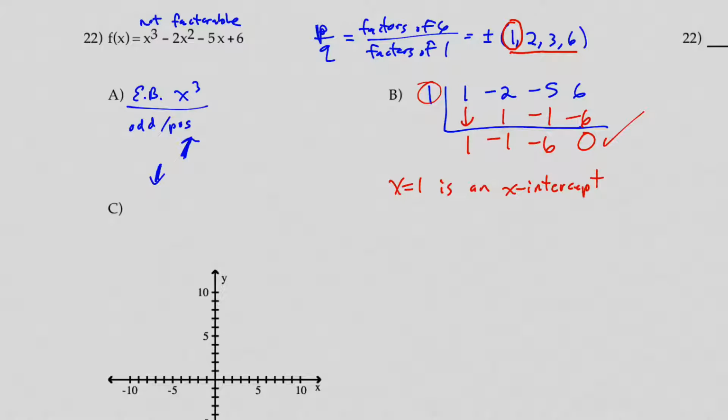And since it's an x-intercept, then we're going to do this. Okay, there's that 1 sitting right there. And now we can use our results here. So it's x squared minus x minus 6.